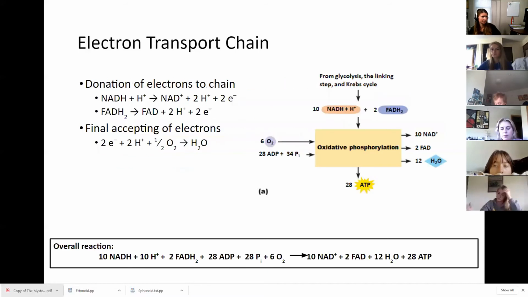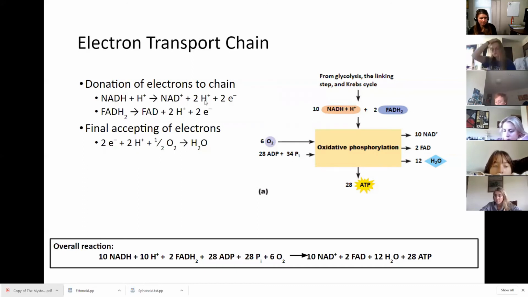We're going to look at this a little bit in more detail, at how the electrons are donated to the chain. Okay. The electron transport chain is transporting electrons, and it's basically getting them from our electron carriers. So the reason we were reducing NAD to NADH here is that we were storing these electrons to take them to the electron transport chain.